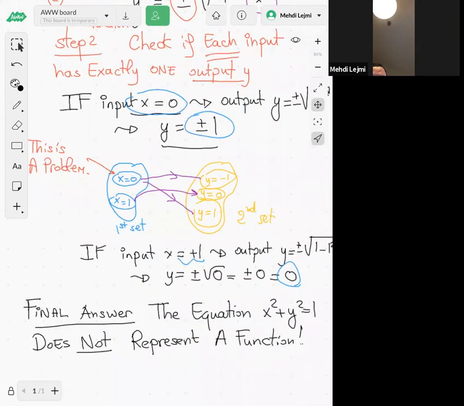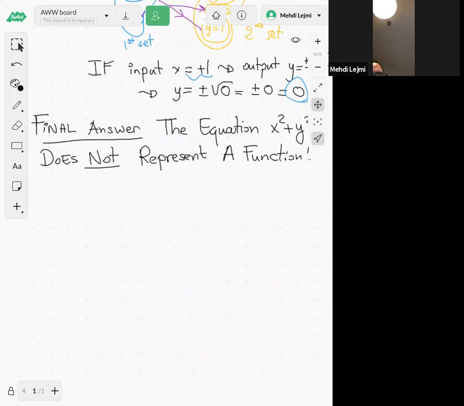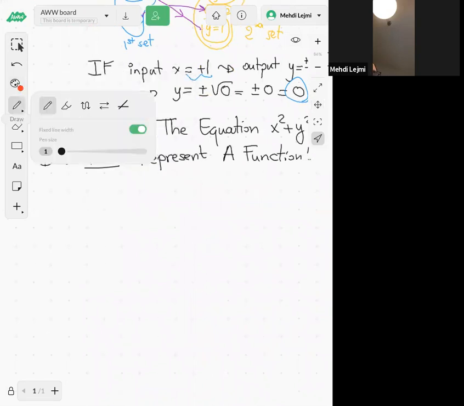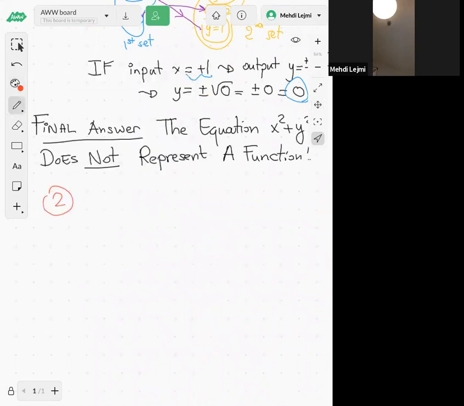All right, so here's another example. Example number 2. Again, we think of x as the input and we think of y as the output.